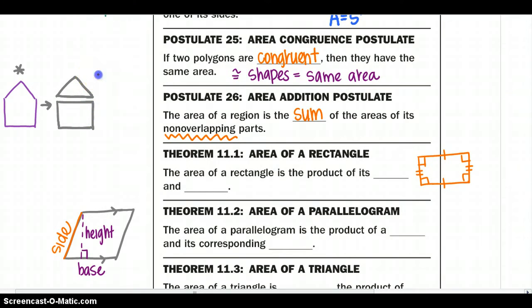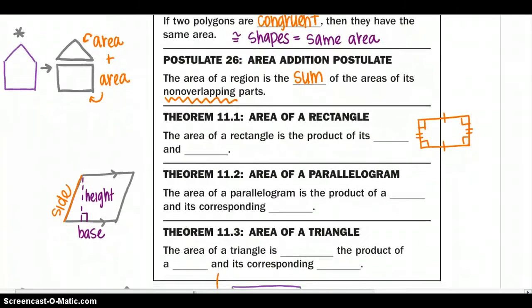So I can say the area of my triangle plus the area of my square will equal the area of my whole figure. So if we don't have a specific one, try to break up your figure in some way, shape, or form to manipulate it and get the area.